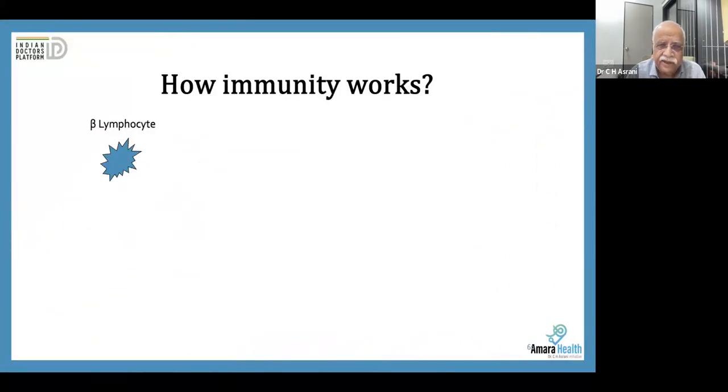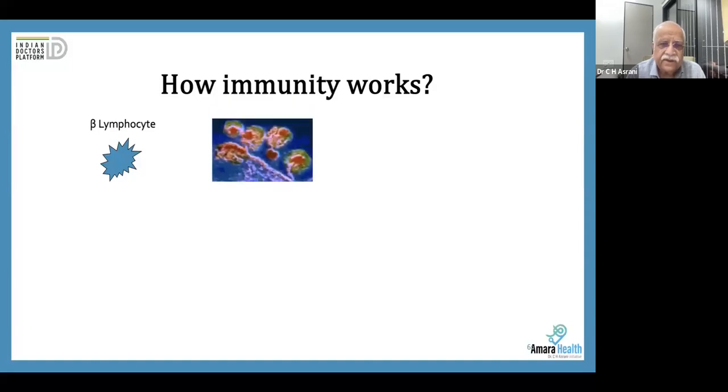So this is a B lymphocyte. This is an offending organism. It's a virus. It's actually the HIV virus. The B lymphocyte saw the virus and got confused. This is not self. This is non-self.